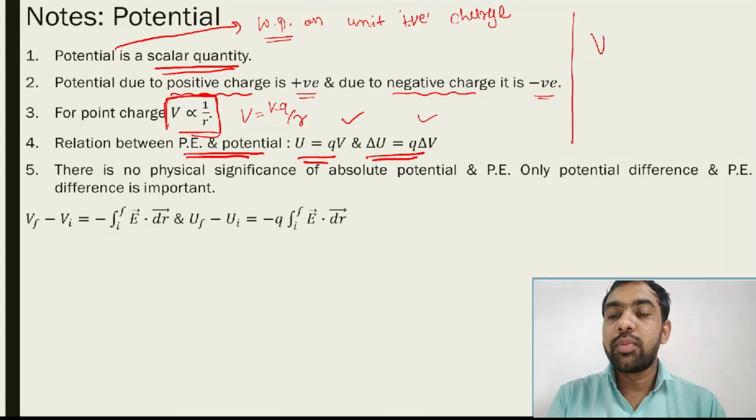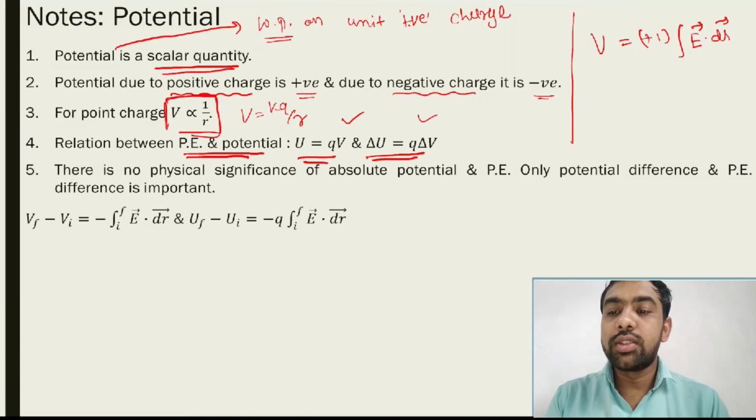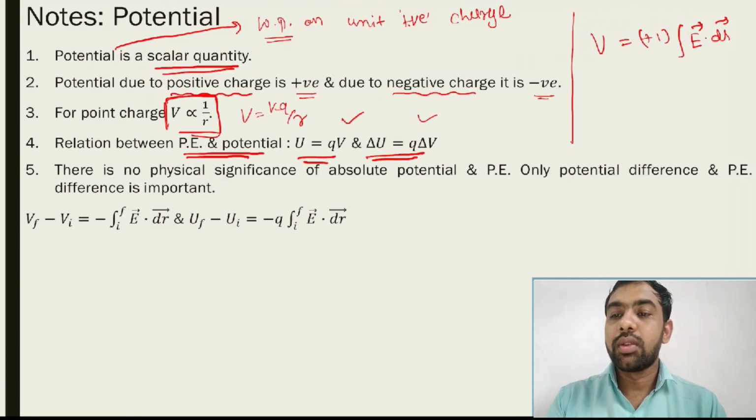See, what is potential? V is equal to plus 1 integration E dot dr. Minus, sorry, here we use the negative sign.